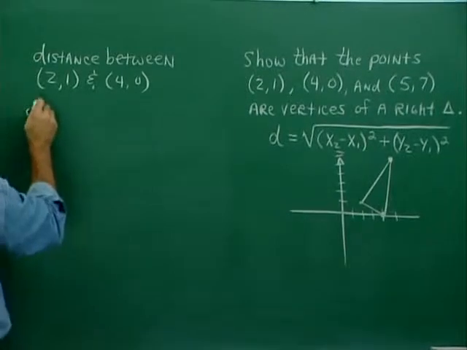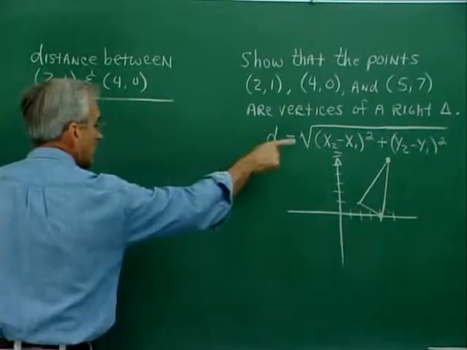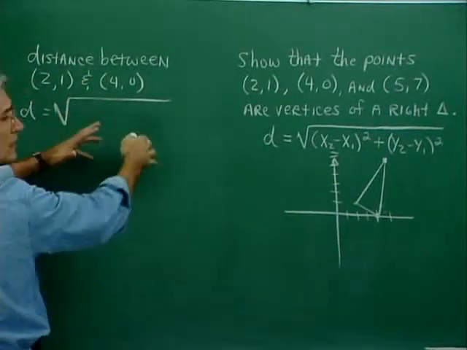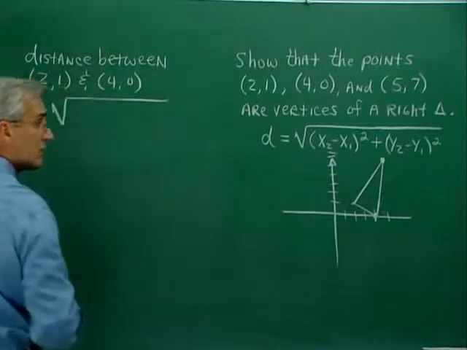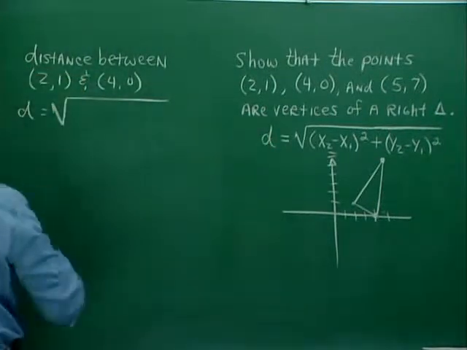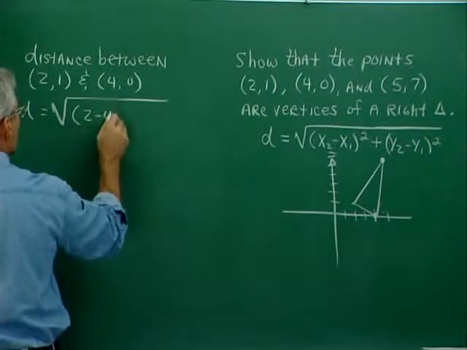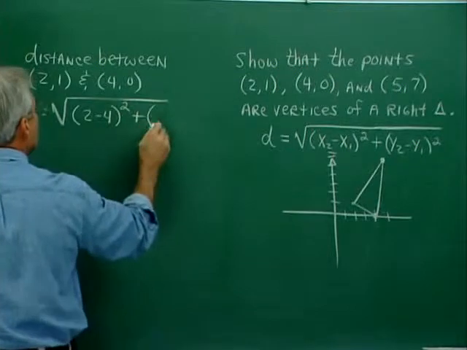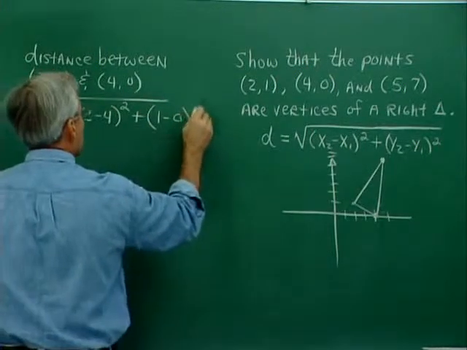Generally I say write the formula down, replace within the formula in the first step, and then make your calculations. Well, I'm replacing within the formula right here because I have it written down over there. Difference in x components would be 2 minus 4, squared, and I'm adding the difference in y components, that's 1 minus 0 squared.